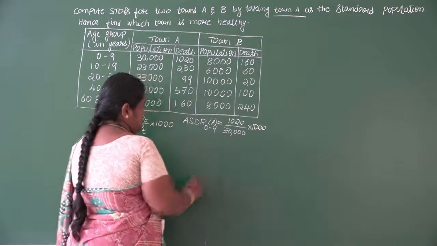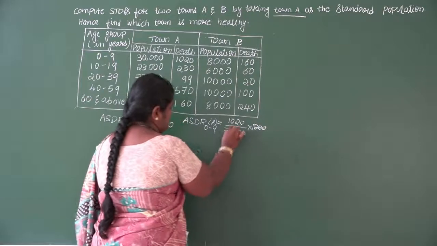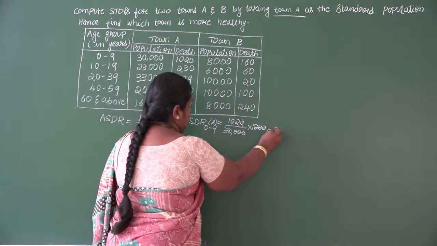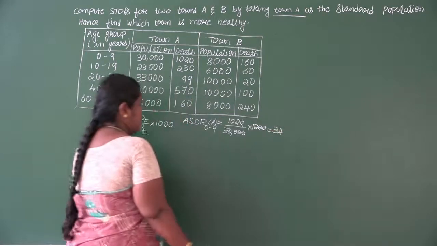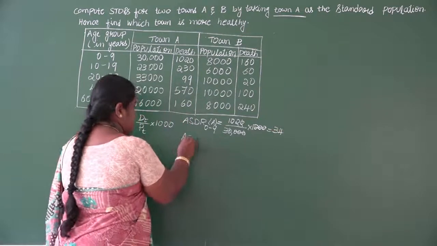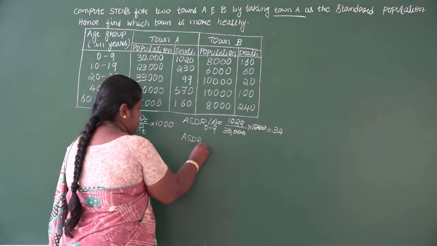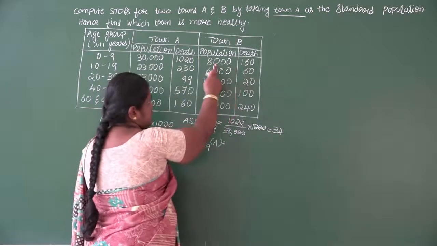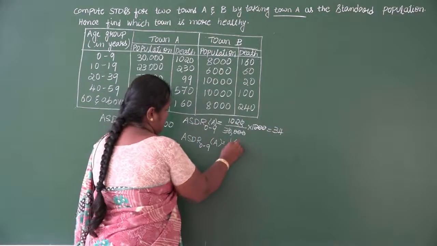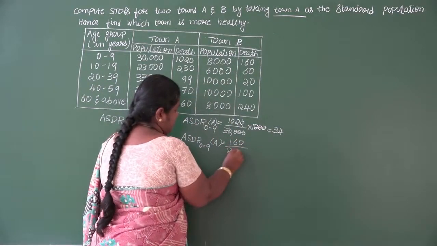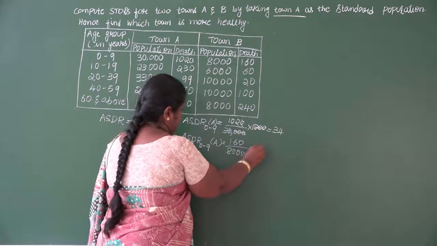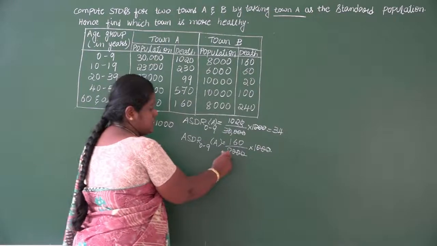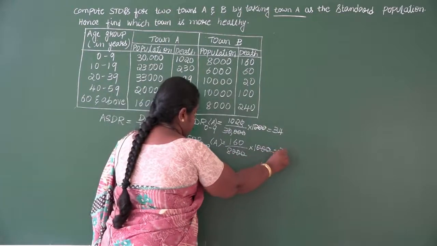You can cancel the zeros, so we get 102 divided by 3, which is 34. Similarly, ASDR for town B for the same age group 0 to 9 is 160 divided by 8000 into 1000. Again 1000 and 1000 cancel, and 160 divided by 8 is 20.